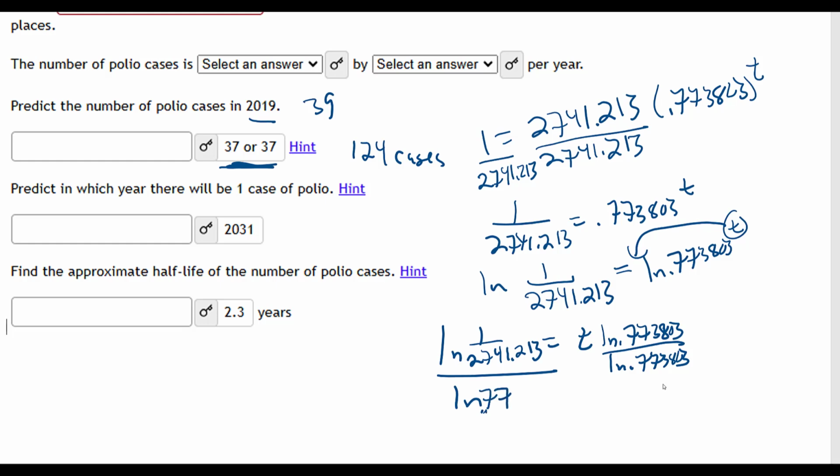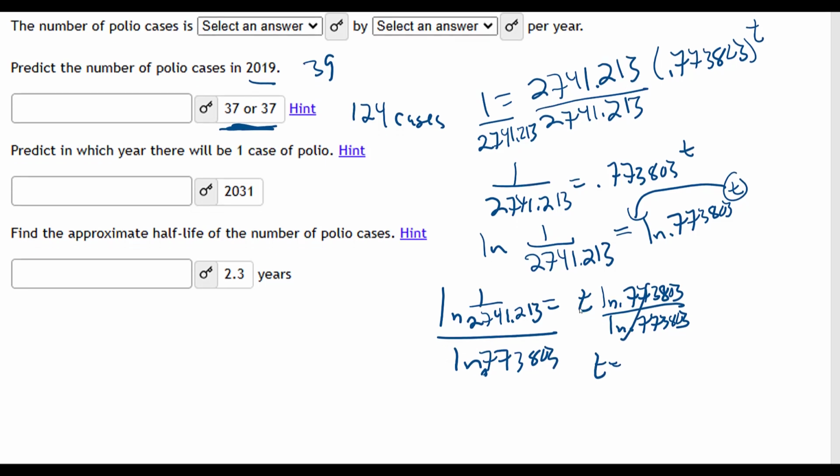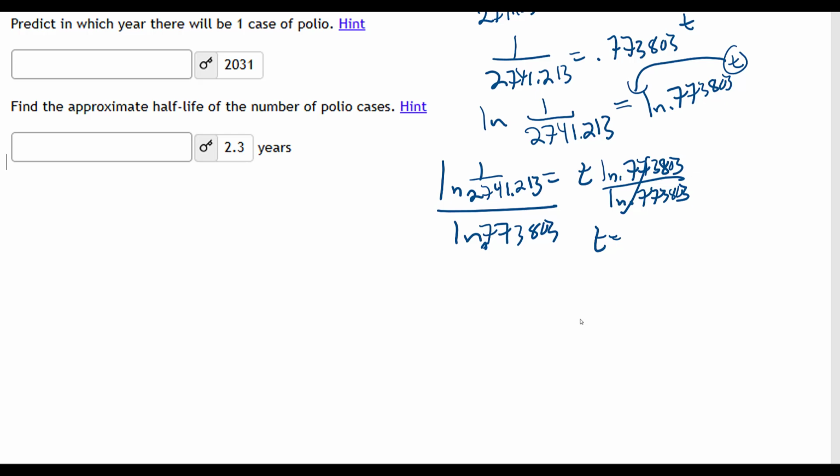It's a 0.77. And t would equal, putting this in the calculator, the natural log of 1 divided by 2741.213, divided by the natural log of 0.773803.